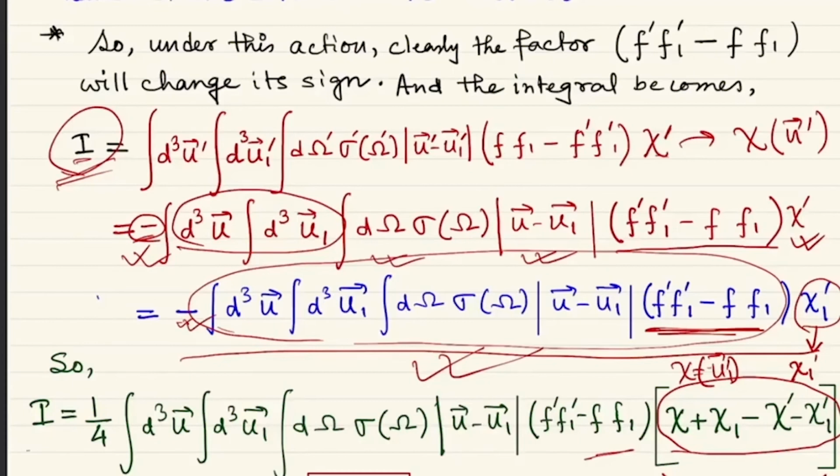You see in the deep green color the total expression, and this is the expression for the collision integral when it is multiplied by something which is conserved in a binary elastic collision. Actually, the collision need not be binary elastic.